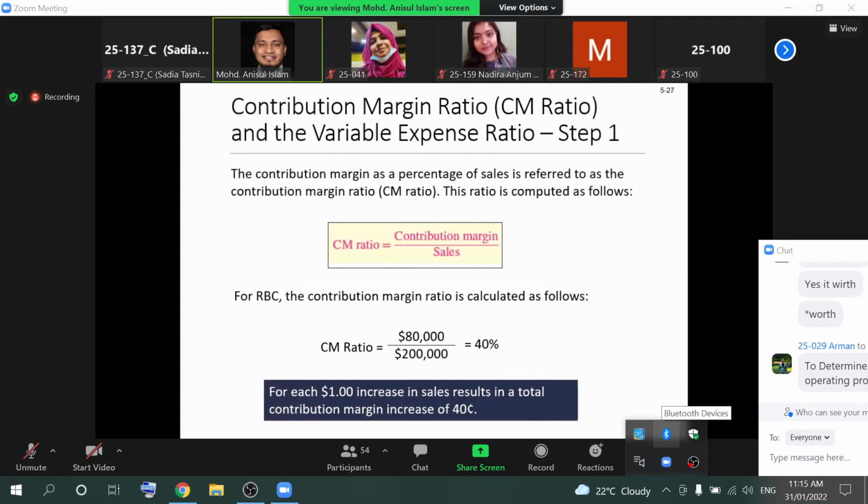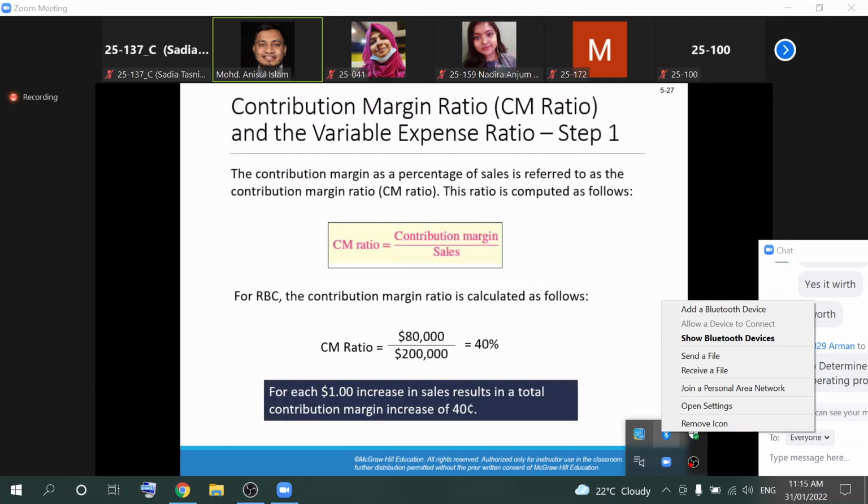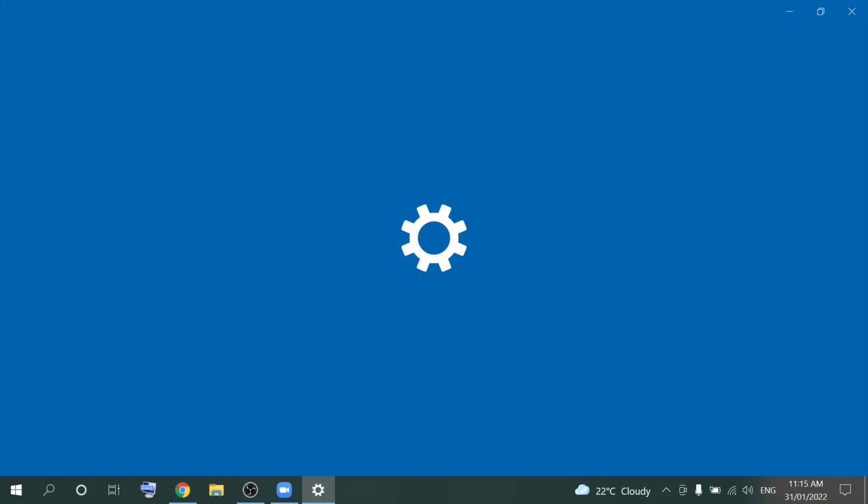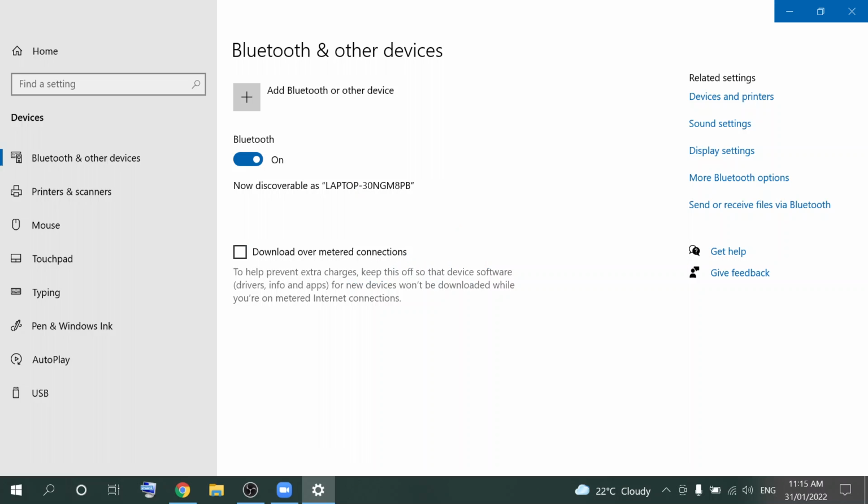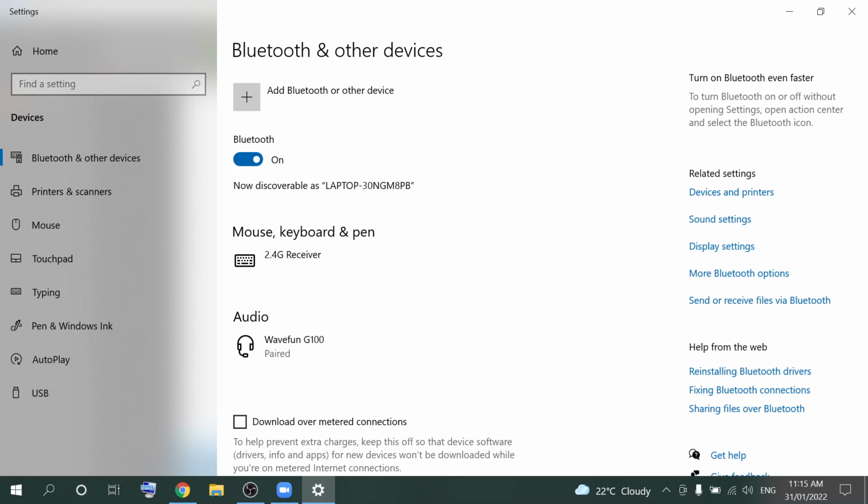So we have come to learn that contribution margin is the amount remaining after covering the variable expenses, and this amount is remaining to make up the fixed cost. Okay.